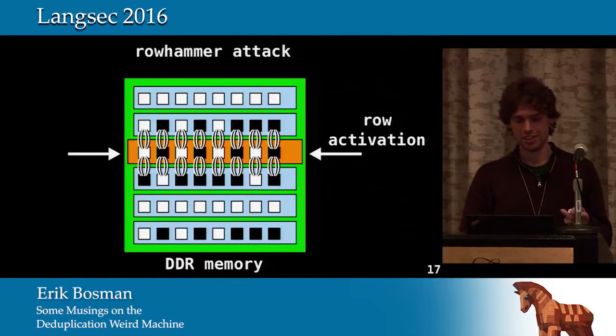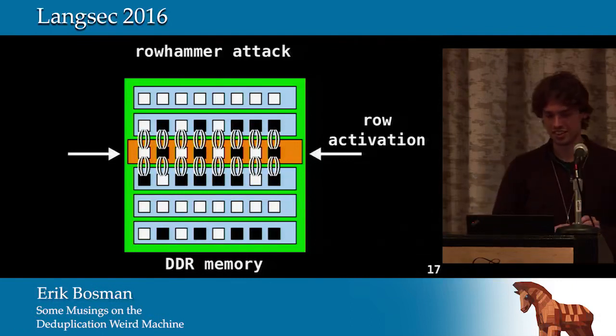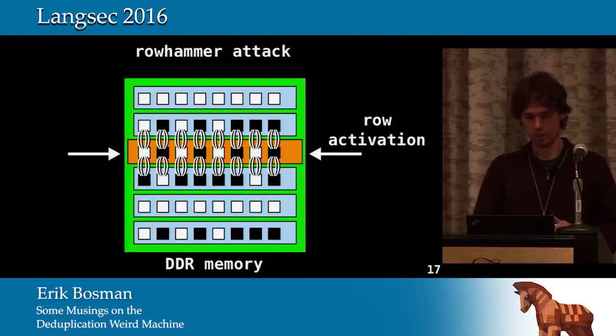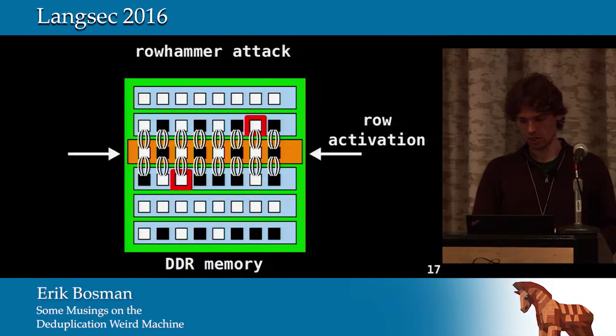In rowhammer, when you activate a certain row repeatedly, there are some physical properties of the DRAM memory, which is made out of capacitors, which cause charges to leak, and if you do this quickly enough and you have bad memory, bits may flip.